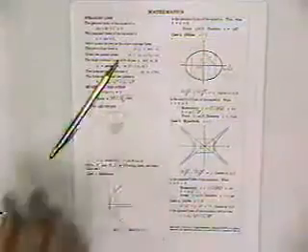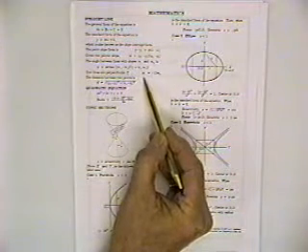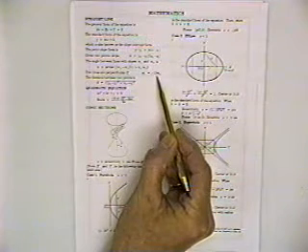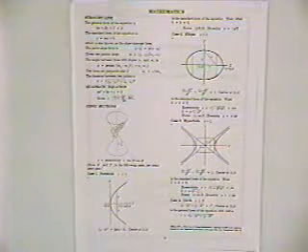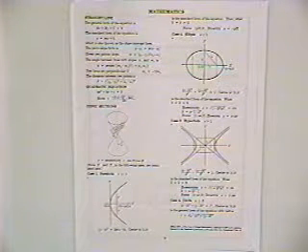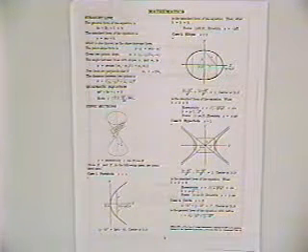When you have to write it perpendicular to something, if you know the slope, then you take the negative reciprocal. You will notice right here, for example, they point out that m1 is equal to minus 1 over m2. And that gives you the relationship that is very useful for many kinds of problems. It points out that two lines are perpendicular if m1 is equal to the negative reciprocal of the other one. It also gives you other formulas like the distance between 2 points, which are relatively obvious.